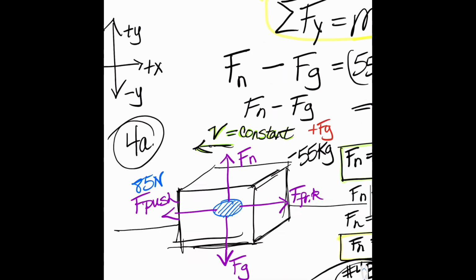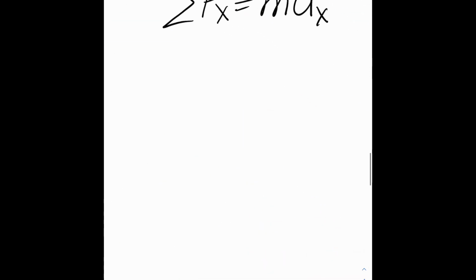So we'll go ahead and put them into the sigma part. We'll have force friction kinetic, which is positive, minus the force of the push. So we're really adding a negative there. Subtracting is the same as adding a negative.